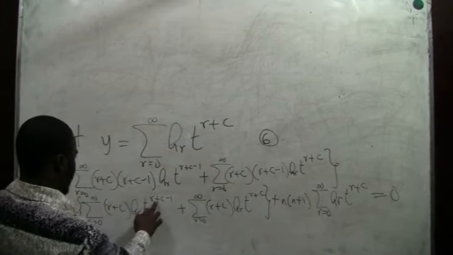Then here, r plus c. If you bring 1, 2, 3 together, do not forget this has become negative because of the multiplication. Then there is a common factor between these two.